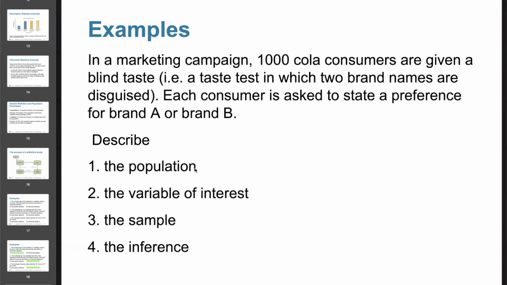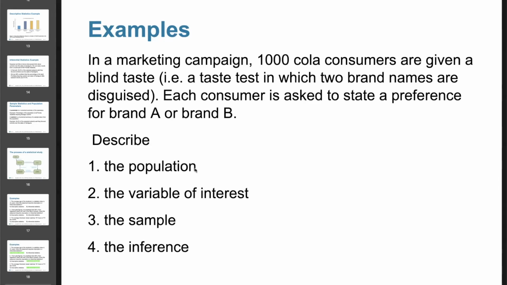What is the variable of interest? It is the preference of brand A or brand B. So the preferences. Okay. What is the sample? It's 1,000 cola consumers. This is the sample. The inference here will be about what? How we can know which brand the people preferred?